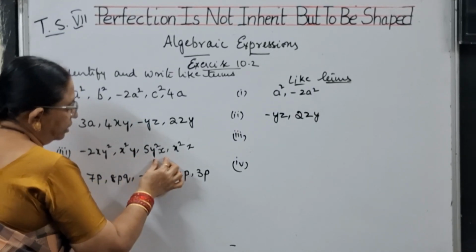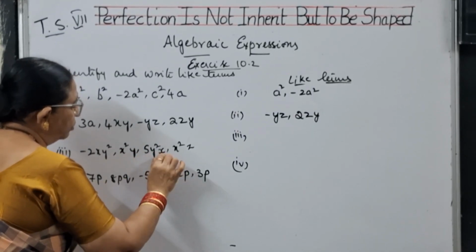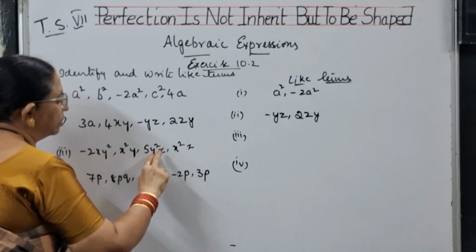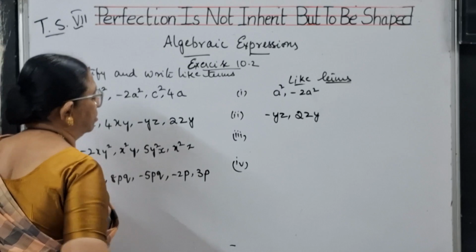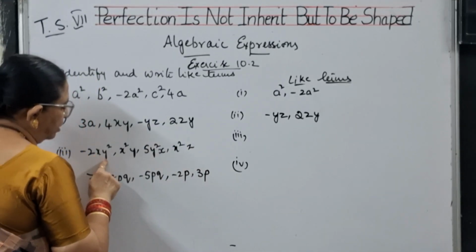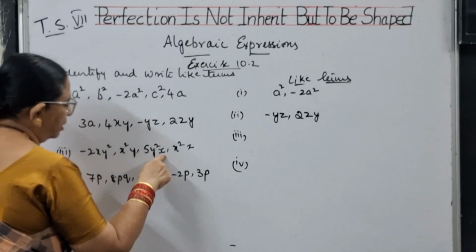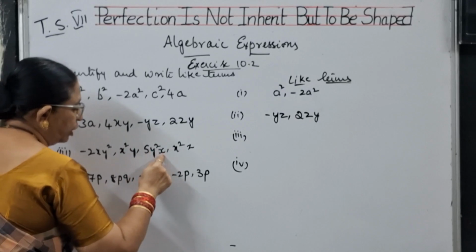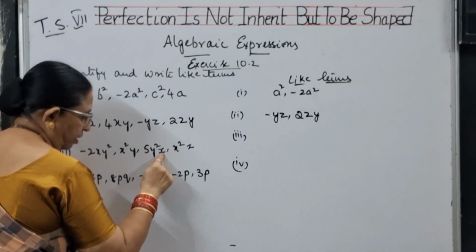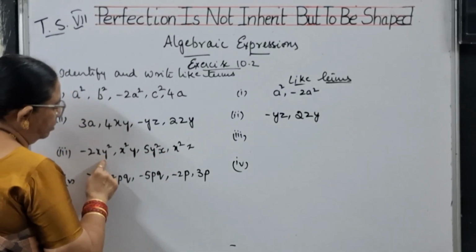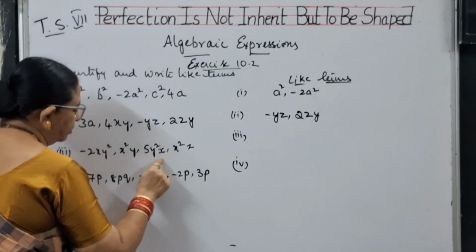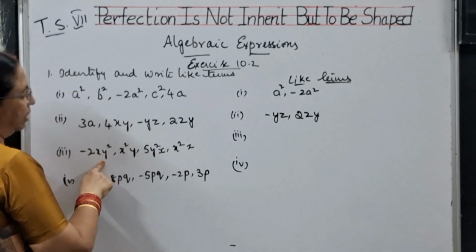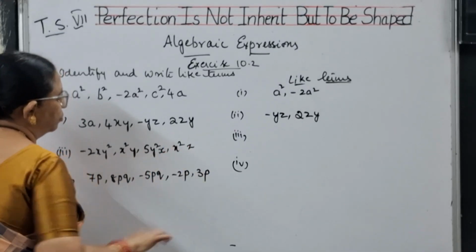The only thing is, in these two, they have inverted the terms, changing the places of the terms: first x and then y, first y and then x. Here x has power 1, here also x has power 1, here y has power 2, and here y has power 2. That means these two are considered like terms; the other two we cannot.